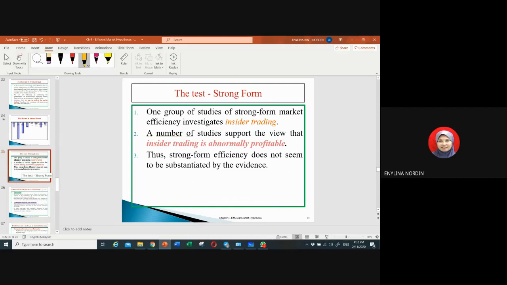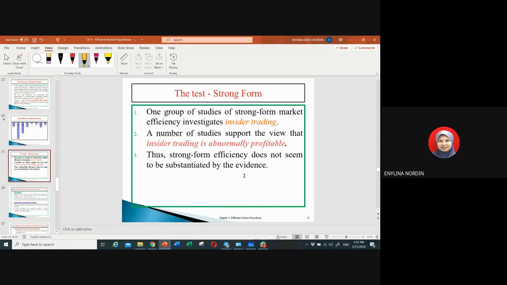If they can still obtain an extraordinary profit based on the inside information, that means there will be insider trading. Therefore, the strong form efficiency does not seem to be substantiated by this evidence.